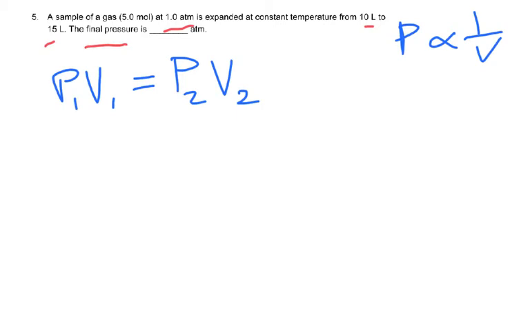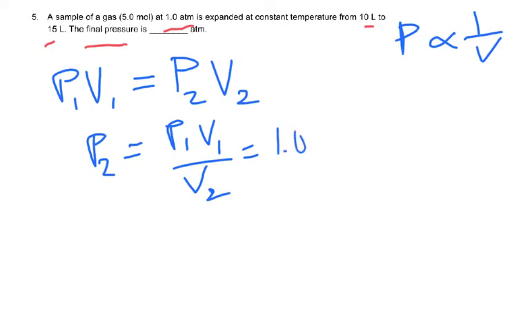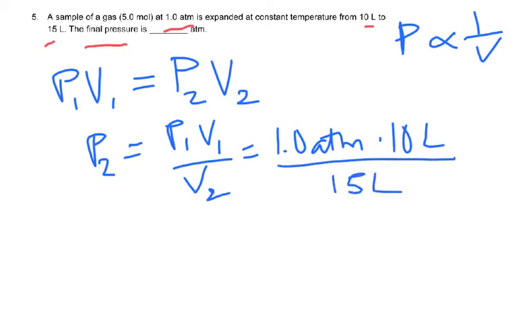All right, so let's rearrange this equation. We're going to solve for P2. So P2 is equal to P1 V1 over V2. And so we can just simply plug in all of these values. We have 1 atm times 10 liters divided by 15 liters.